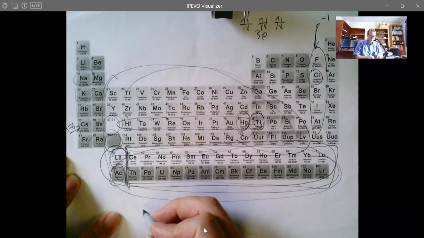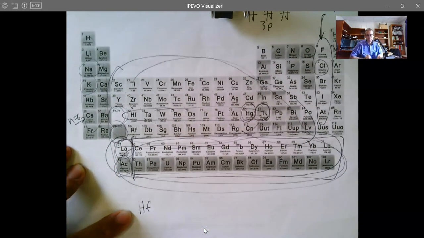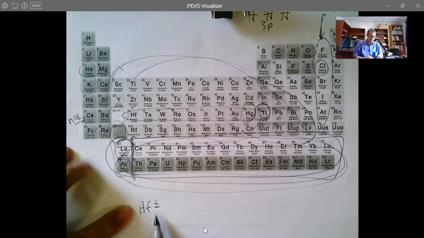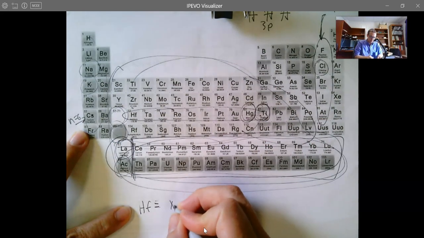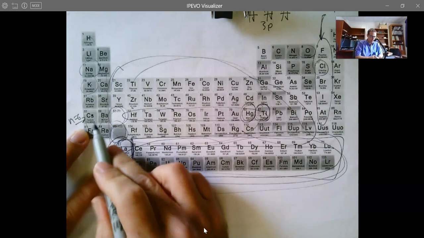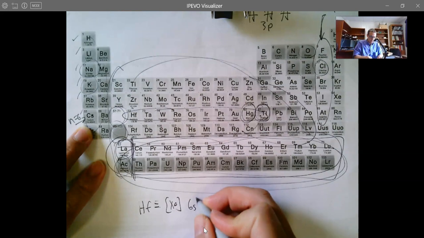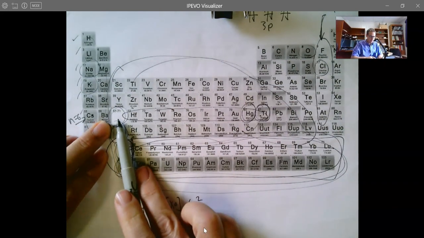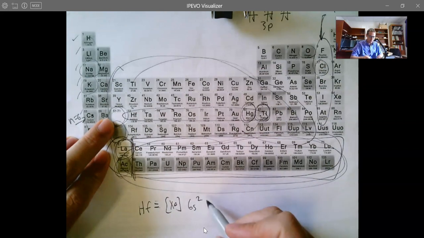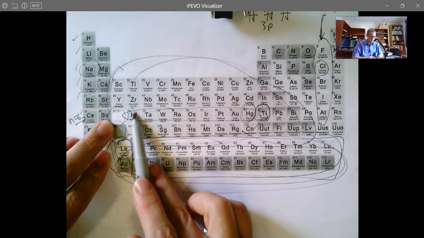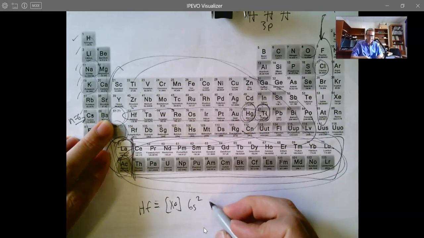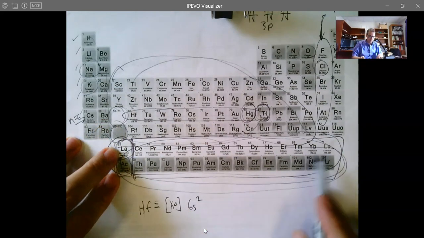So, for example, if I want to write the electron configuration for hafnium, I go back to xenon, and then I fill 6s, right? 6s2. And then what I would expect is 4f14 and then 5d2, maybe.